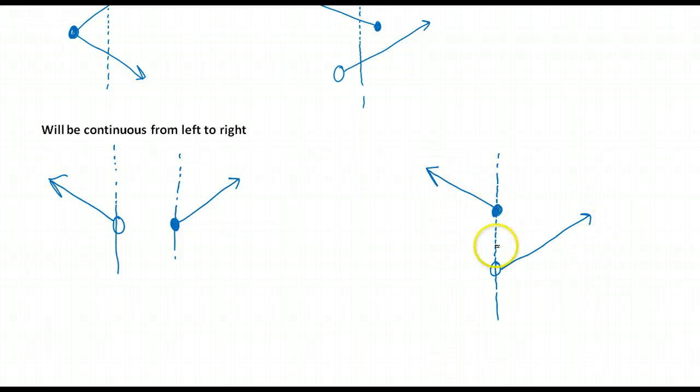So from left to right, we're continuous. From top to bottom, we have a gap in here, but that's all right. We're only worried about being continuous from left to right, our domain. Our range can have some gaps.